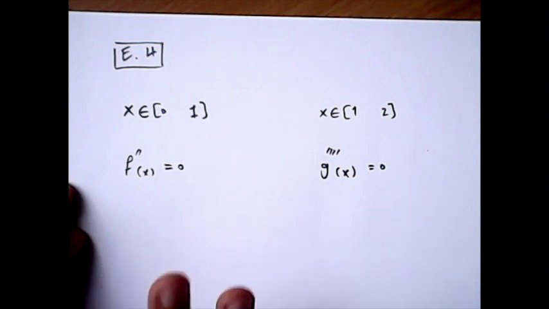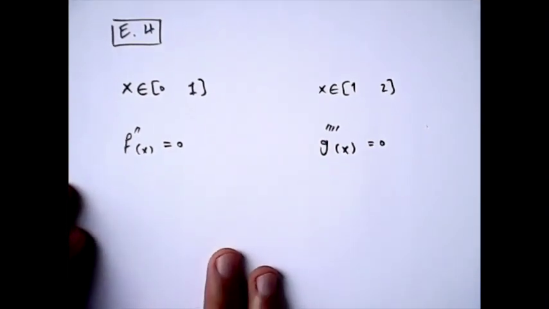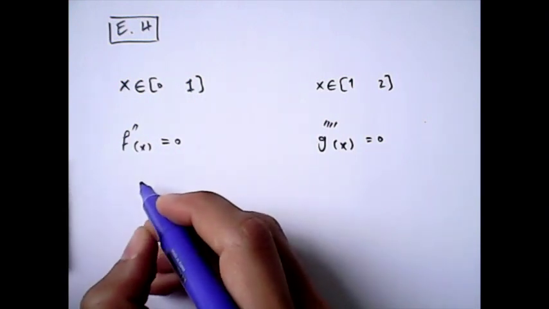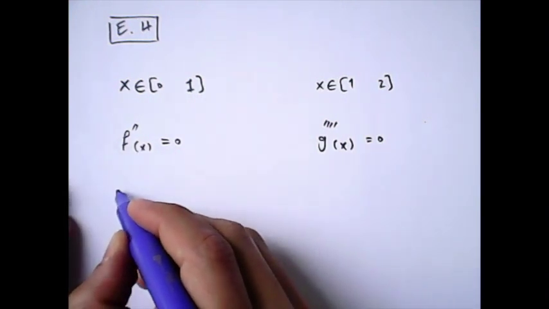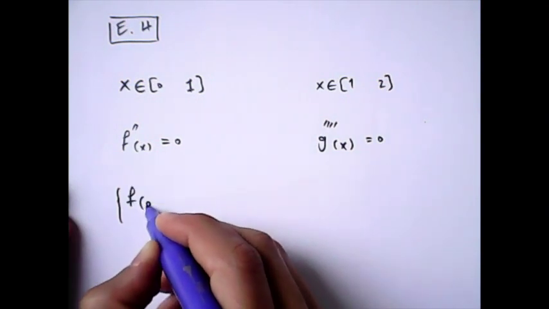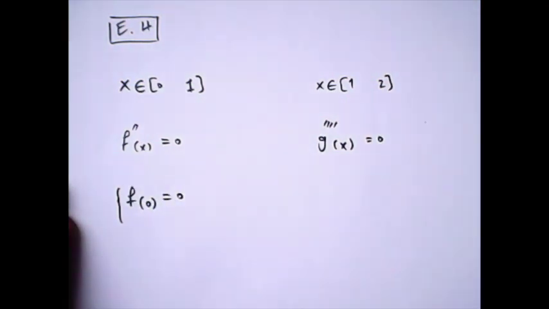Now let's take a look at boundary conditions. That's where the funky stuff comes in. Let's consider the boundary condition for this one as follows. f of 0 equals 0. That's one boundary condition.